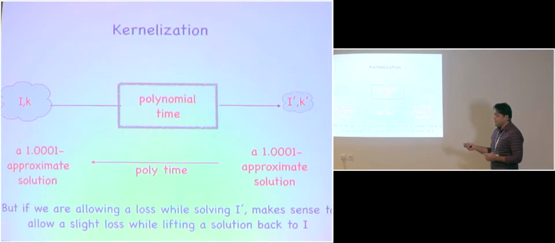And this would be really ideal. But for technical reasons, if you are allowing this sort of a loss in the solution quality over here by your colleague, now you can tell your colleague, okay, fine, since you are incurring a loss of quality, I'm also going to incur a slight loss of quality when I pull this back.